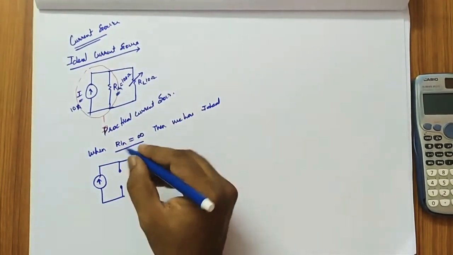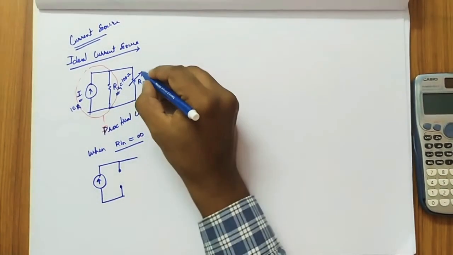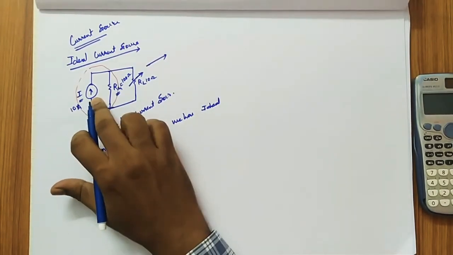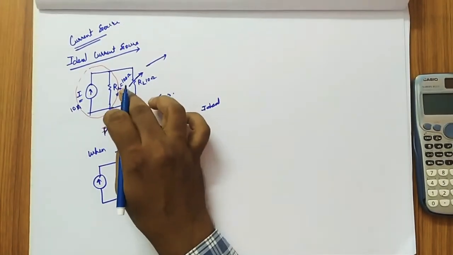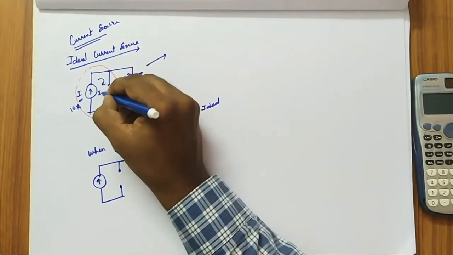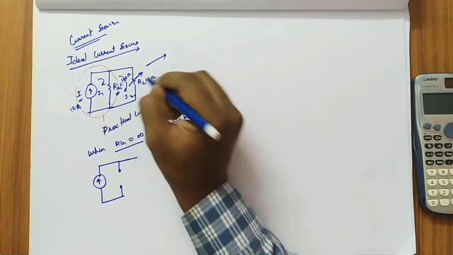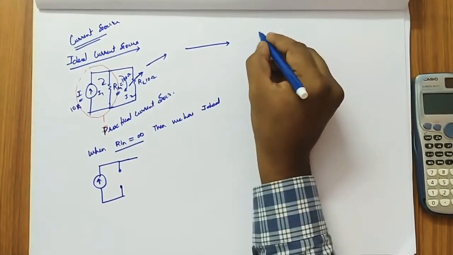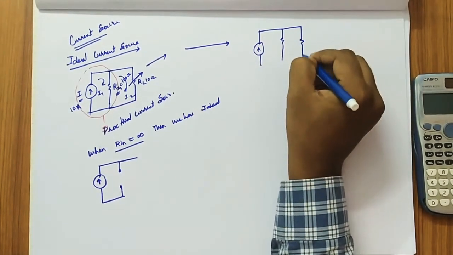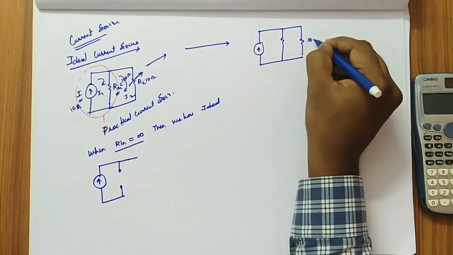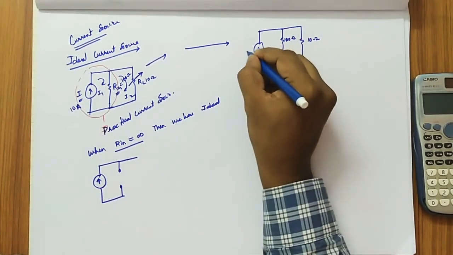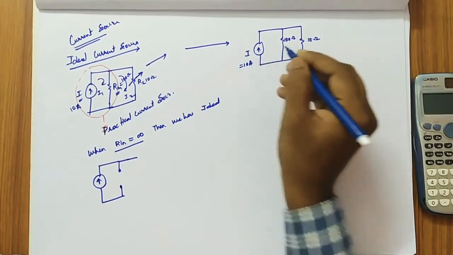Let us take an example: a 10 amp source, internal resistance 100 ohm and load resistance 10 ohm. Let us say I1 and I2 are the currents flowing.